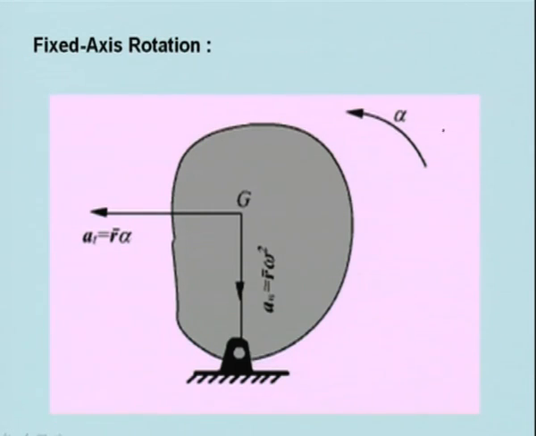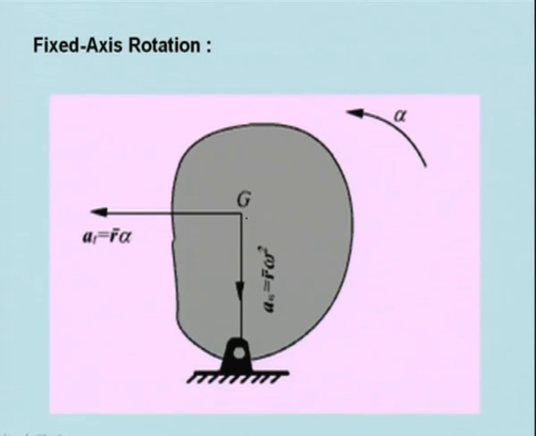Now let us discuss another type of motion, that is fixed axis rotation. In fixed axis rotation, this is the body which is rotating about the point O, and I have shown the mass center G here.